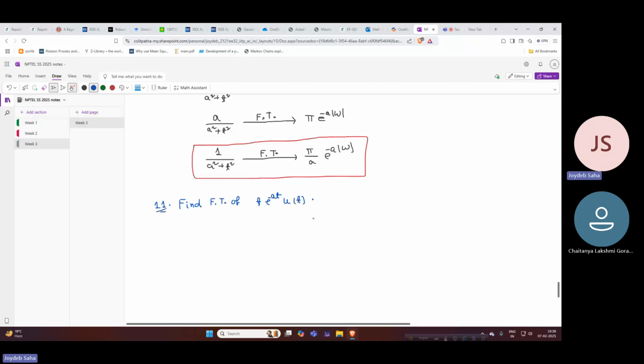Here we will use another property, that is differentiation in frequency domain.